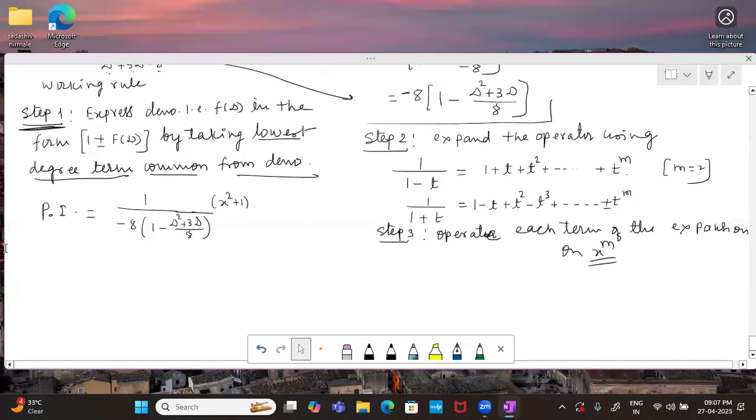See this. So by step number 2, keep this 1 upon minus 1 by 8 as it is, and just expand 1 upon 1 minus d square plus 3d by 8 using this formula. Here also it is 1, 1 minus t, this is t.